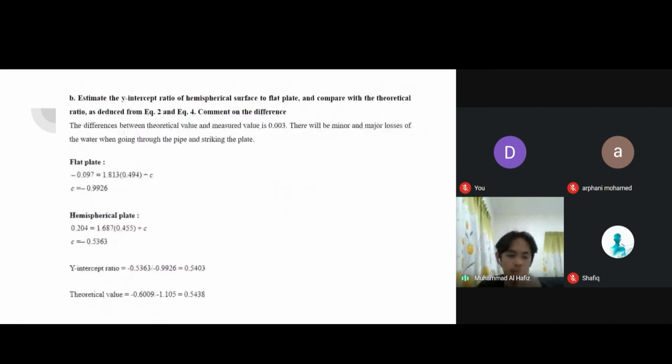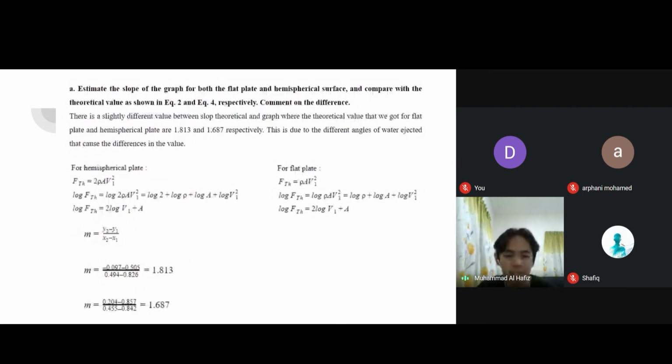We can calculate the gradient by using the formula y2 minus y1 over x2 minus x1. For the gradient value for the hemispherical plate, we got 1.813. For the flat plate it is 1.687.